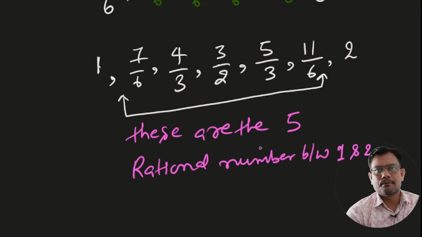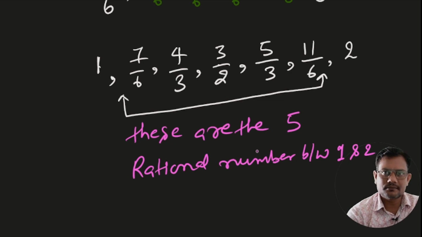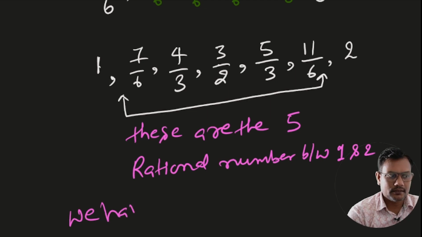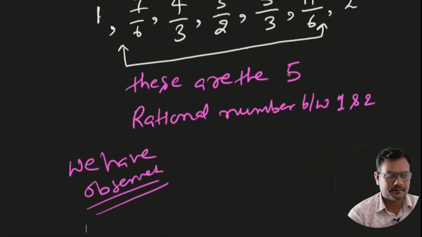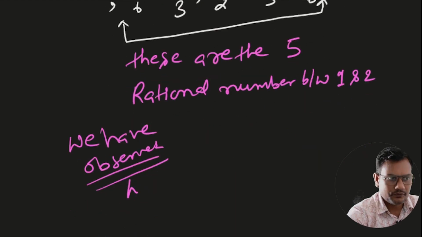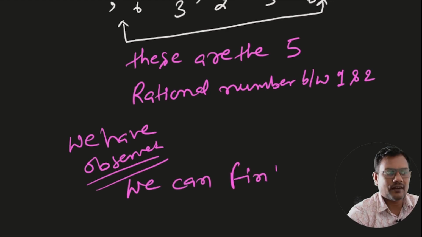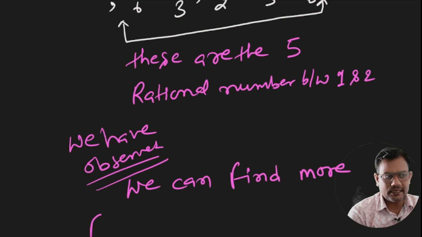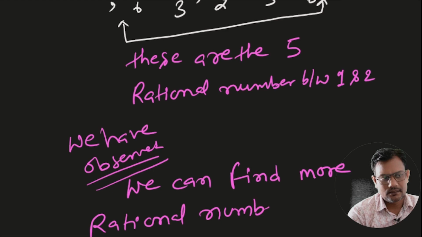From this example, what we have observed is that we can find more rational numbers between 1 and 2, correct?